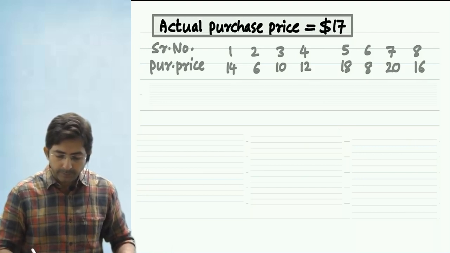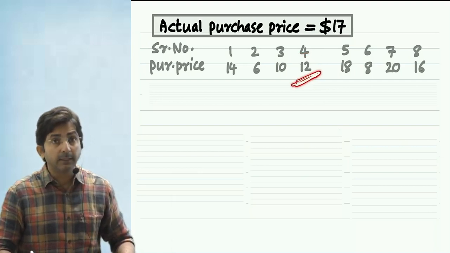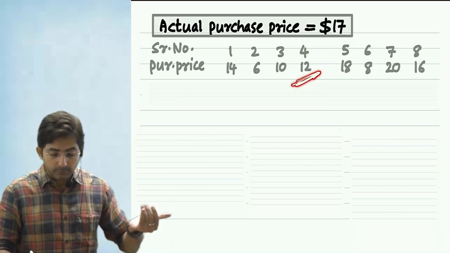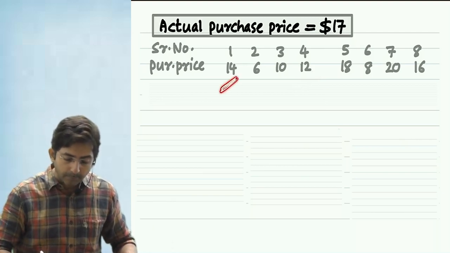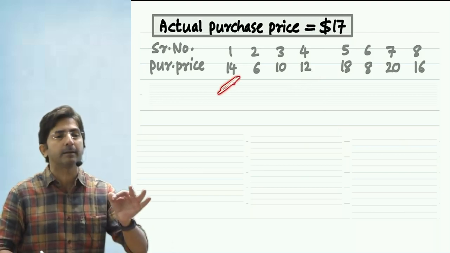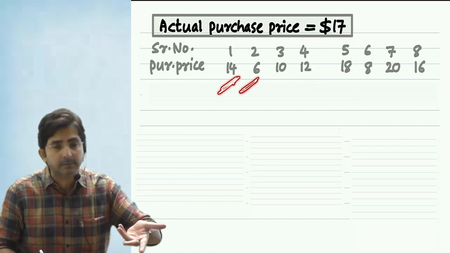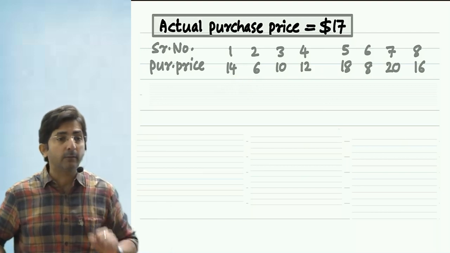Can you explain what this 12 is in my example? 12 is the purchase price of our transaction with unrelated parties. This way we have got 8 varieties. Means with some unrelated parties it is 14, and with some unrelated parties it is 6, and so on. So this way there are 8 varieties.